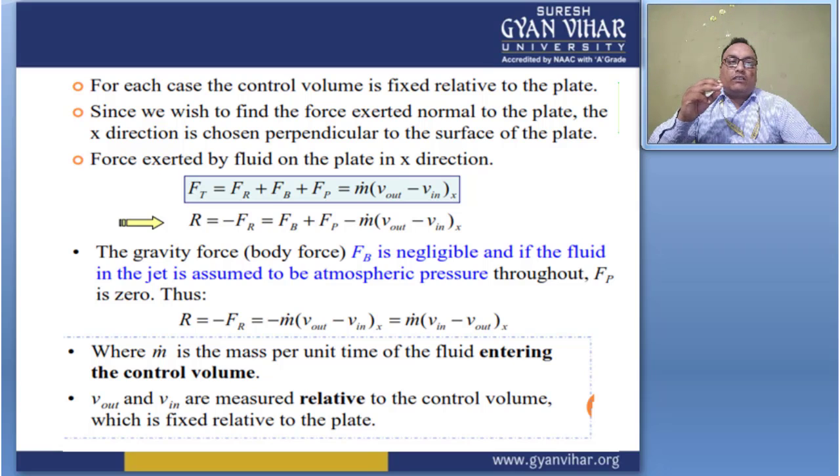So R equal to minus Fr, which gives minus m dot (V out minus V in), equal to m dot (V in minus V out) in the x direction, where m dot is the mass per unit time of the fluid entering the control volume. V out and V in are measured relative to the control volume, which is fixed to the plate. So this is the reaction equation for the plate: R equal to m dot (V in minus V out).